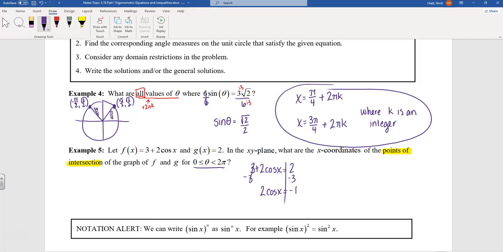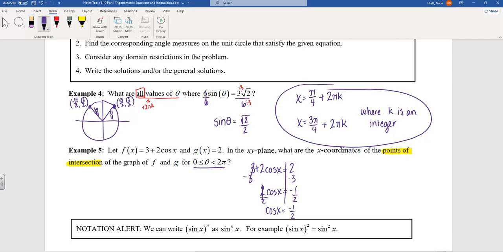And then what would I do after that, Aiden? Divide by 2, yeah. We get cosine x equals negative 1/2.